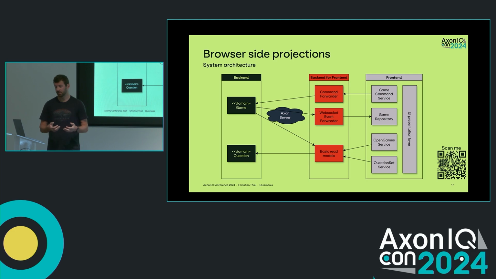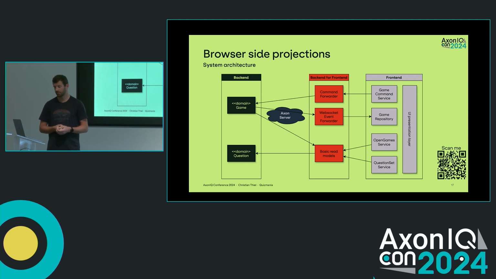This backend for front end is very simple. It just has a command forwarder, a REST controller forwarding commands issued in the front end into the back end. And it has a WebSocket event forwarder forwarding events from the Axon server, of course, to the front end, where I will handle these events.